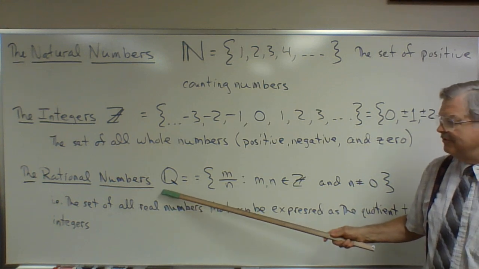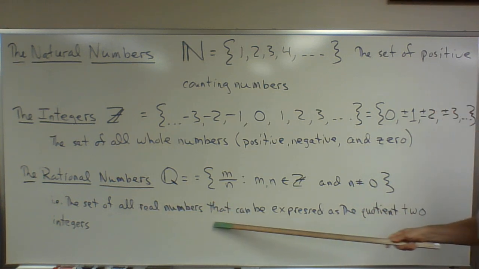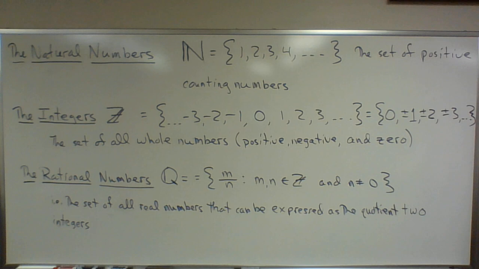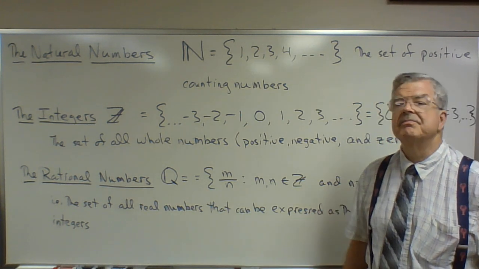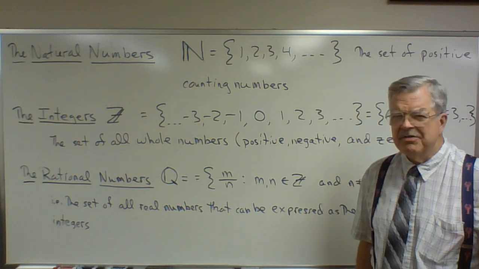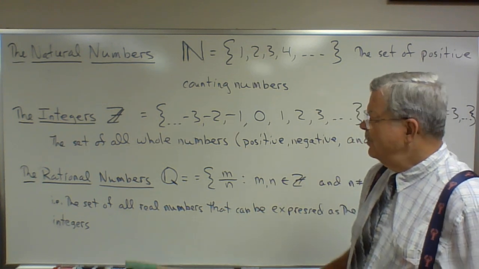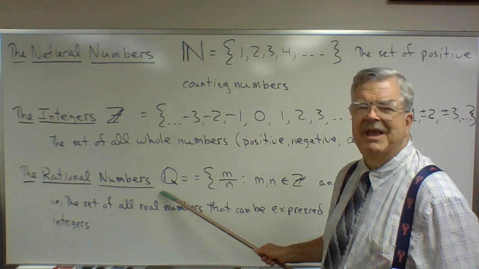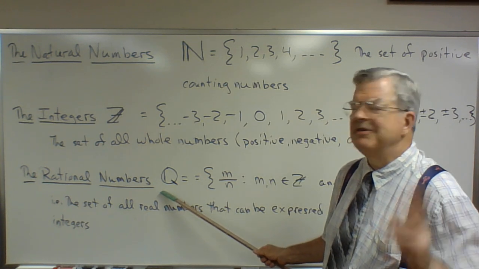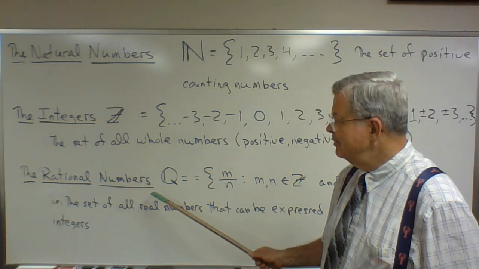So the set of rational numbers is the set of all real numbers that can be expressed as the quotient of two integers. And again, in number theory, we very rarely ever think about or give consideration to the rational numbers.